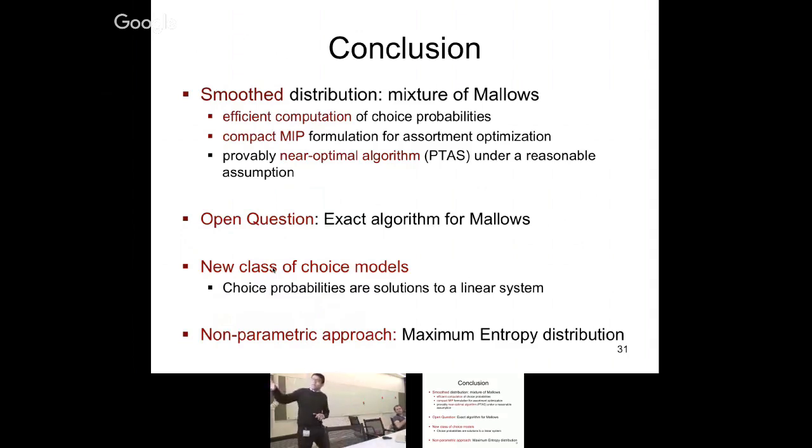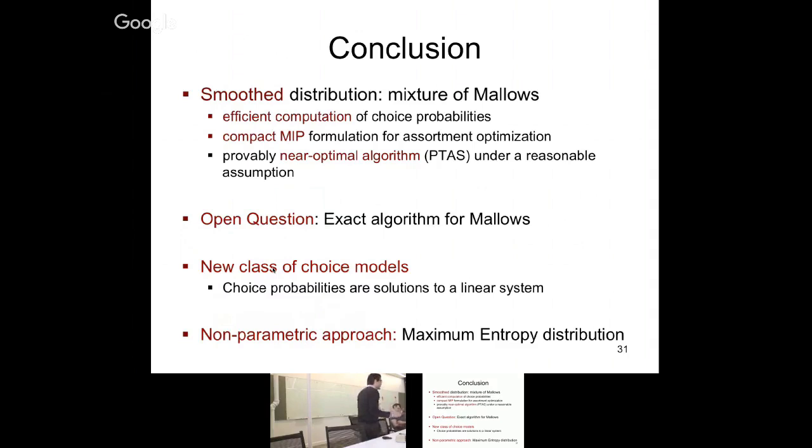But one other thing I want to mention, connecting to the talk I gave last year, which I think Balu, you were there for, is this new class of model where choice probability is a linear system of equations, and we don't know the parameters of that linear system.